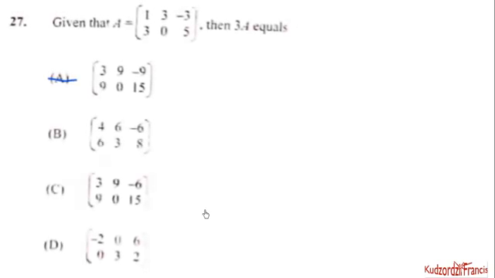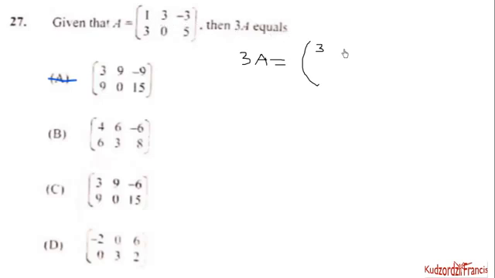27. Given that A is equal to this, we are supposed to find 3A. So to find 3A, this is a scalar multiplication of matrices. You multiply each of the entries by the scalar 3. So we get 3 times 1, which is 3.